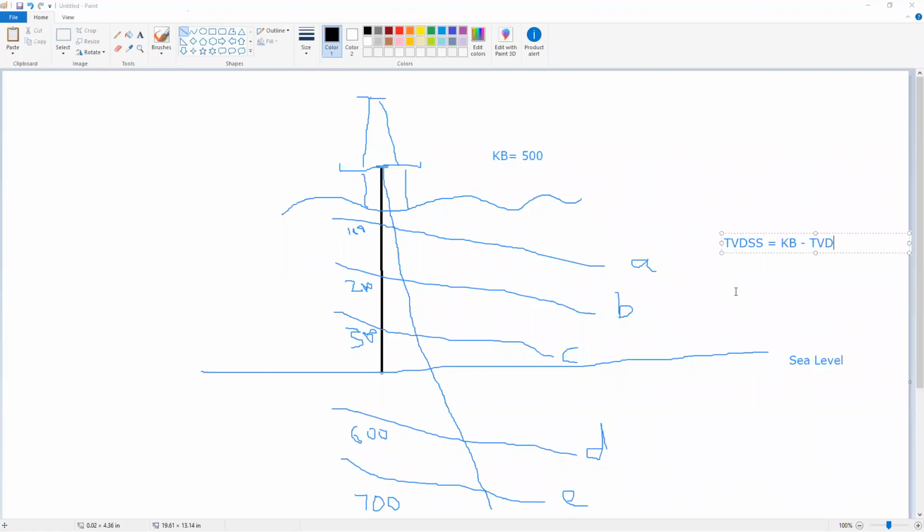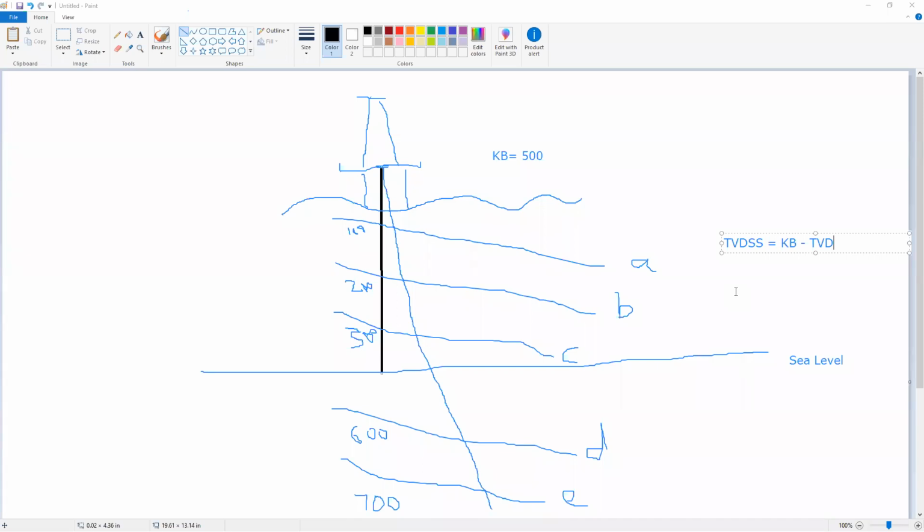And if you're going down, D has minus 100. And for formation E, 500 minus 700 is minus 200. It means that the deepest formation is formation E.